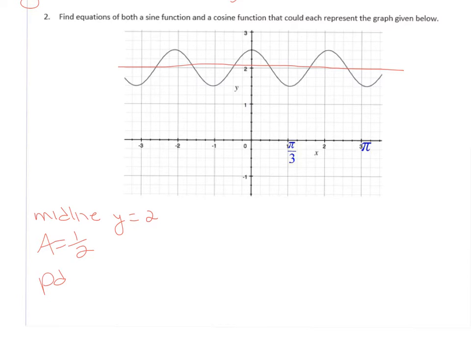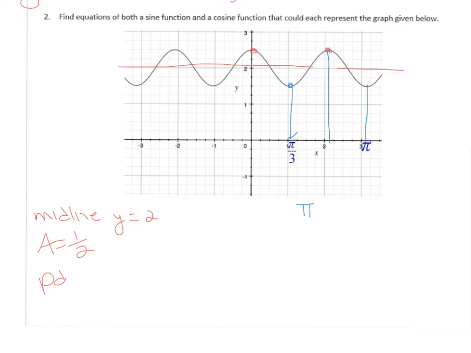And the period, all right, so here's the maximum to a maximum. We can find what's halfway, because the minimum's here at pi over 3, and this minimum's at pi, so this maximum must be halfway, and it's definitely not at 2.